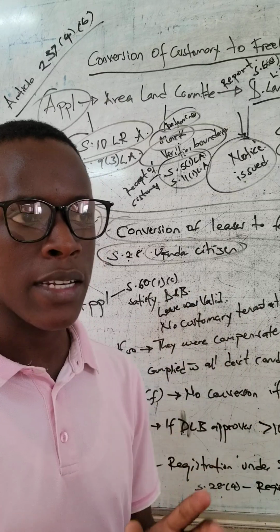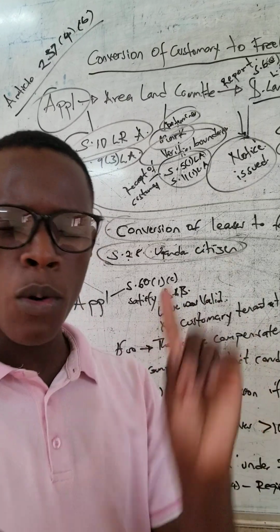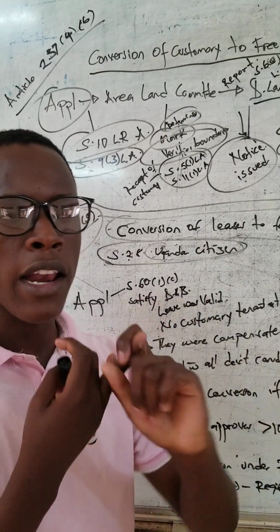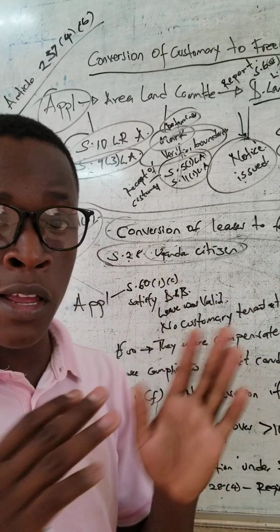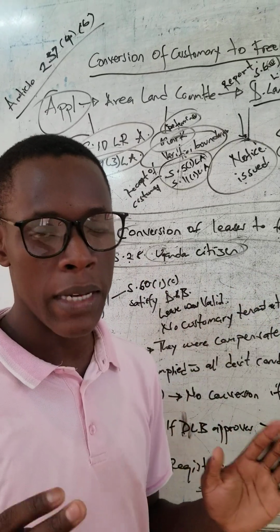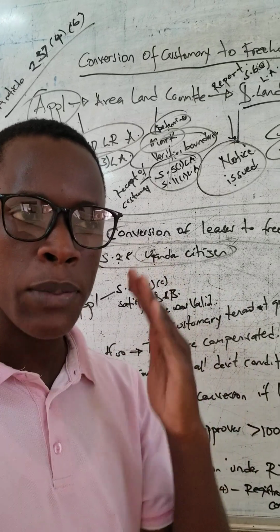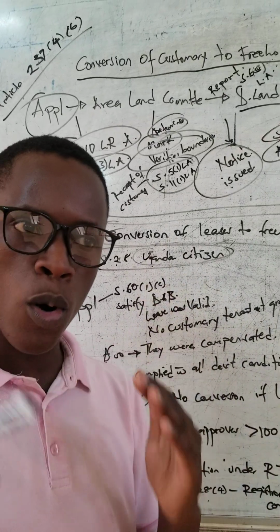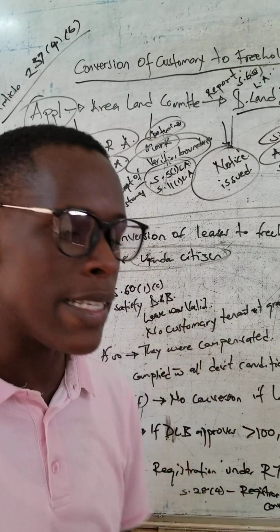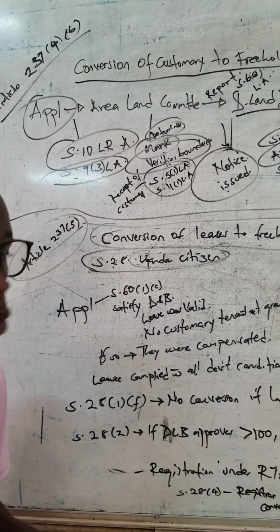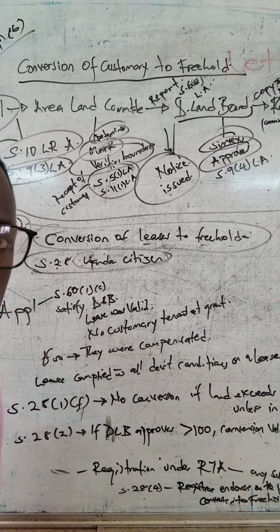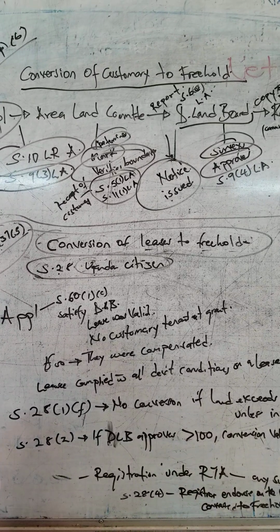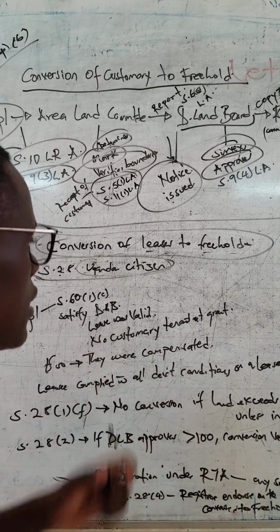Those are non-citizens. But a citizen of Uganda can own under mailo, can own under freehold, can hold the land in any form that you feel like. But a non-citizen must own land only under what? A lease. That's why, if you are to transfer land from a lease into a freehold, you must be a citizen of what? A citizen of Uganda. You get?